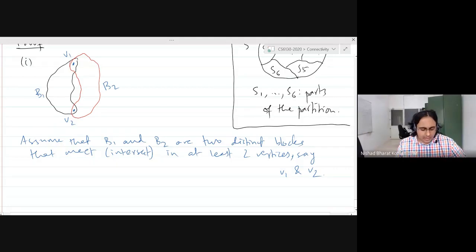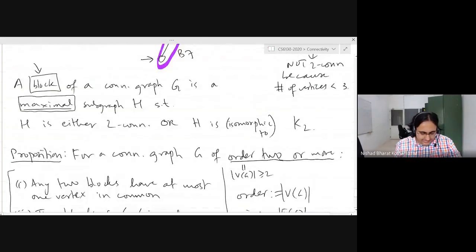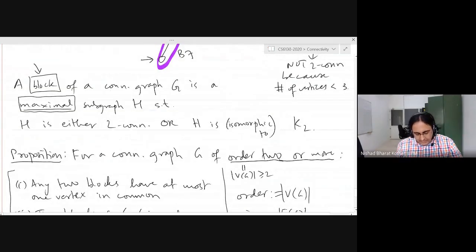Can anybody tell me how we will proceed to complete the proof? Remember the definition of a block. A block is a maximal subgraph that is either two connected or is isomorphic to K2.